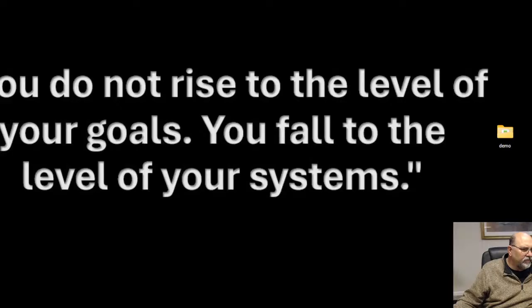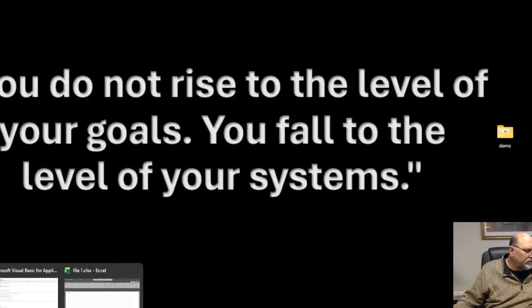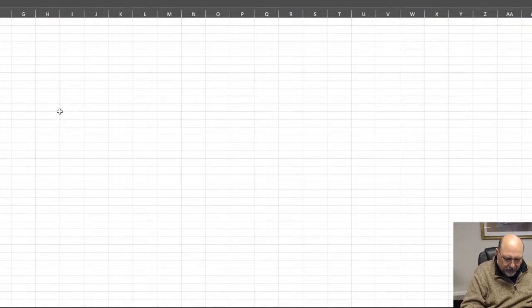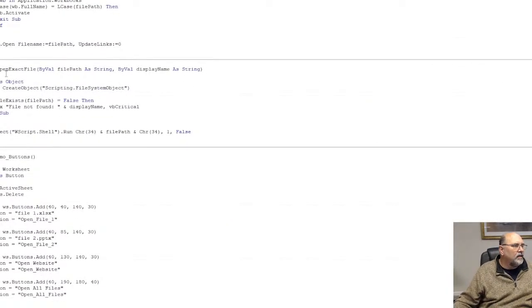So I'm going to copy that. Just drag this over here for now. And let's see if I can bring up file one, bring it over here and hit Alt F11 again, right?